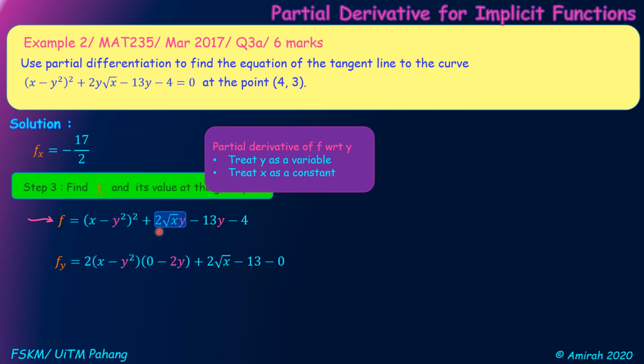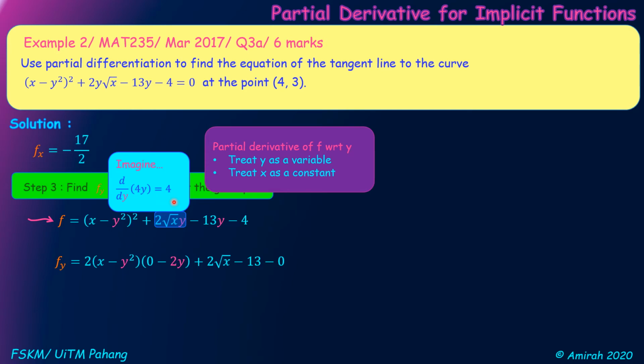After that, we want to differentiate 2/3 x y. We treat x as a constant. Let's say x equals 4, so square root of 4 equals 2, and 2 times 2 equals 4. Say we imagine we want to differentiate 4y with respect to y.